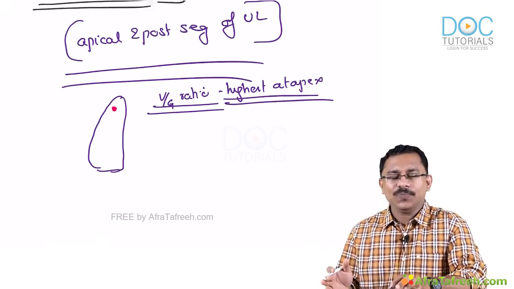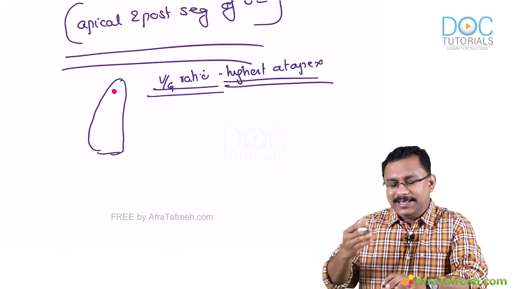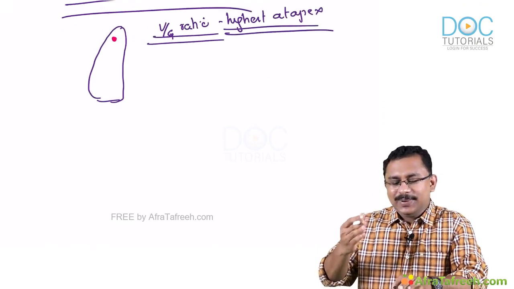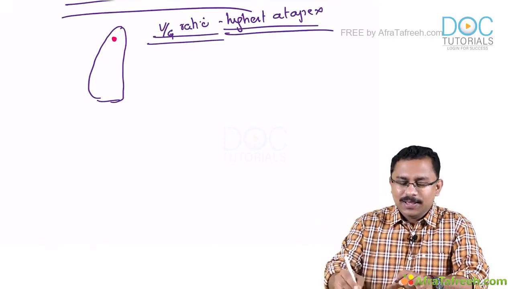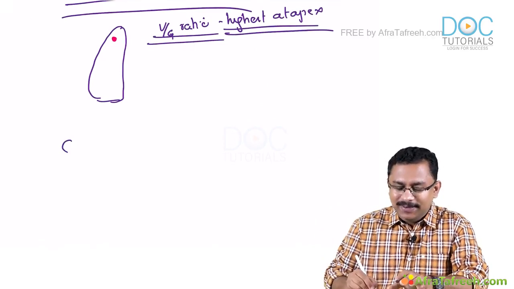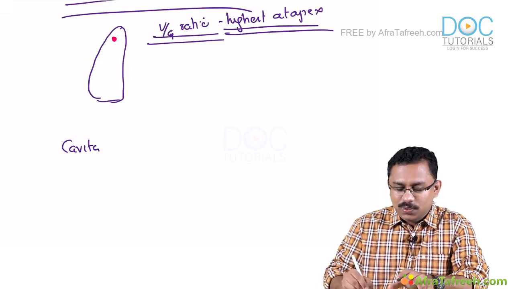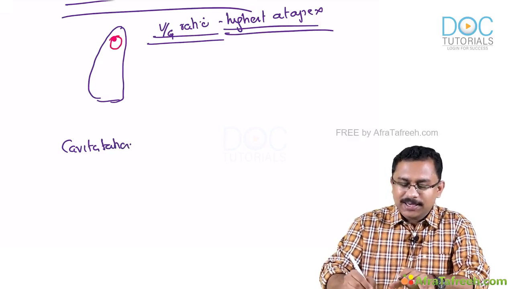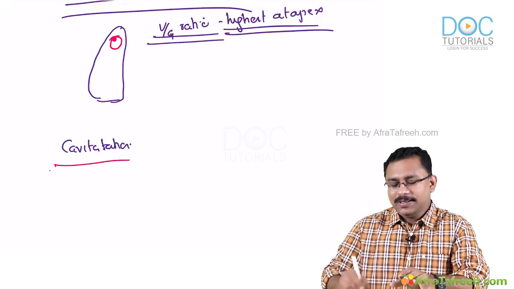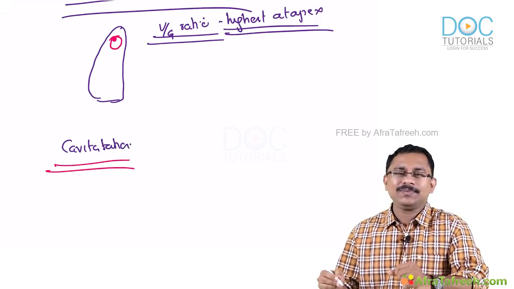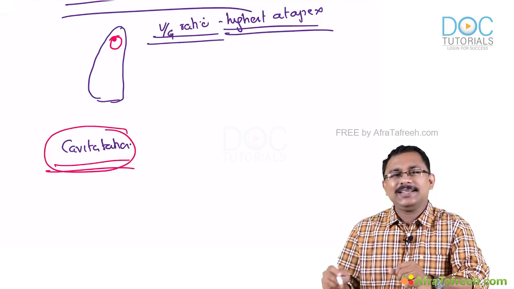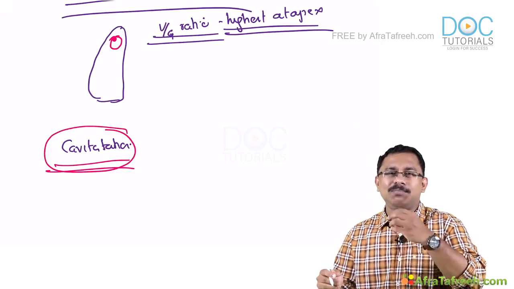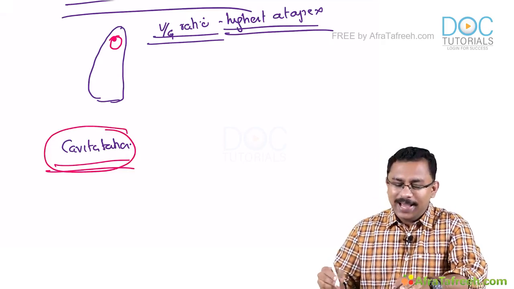And also, when the reactivation happens, it might result in cavitation. It starts as a foci and subsequently is converted to a cavity. There is a cavity that is developing, and when this cavity is communicating to a bronchus, what will happen?